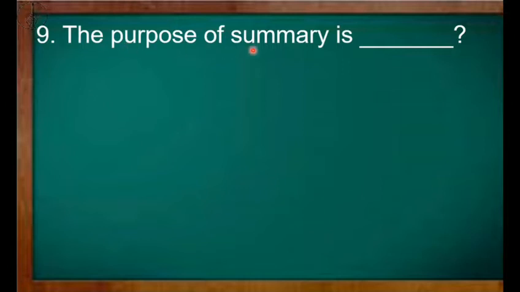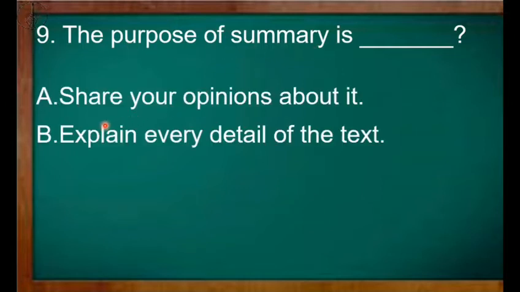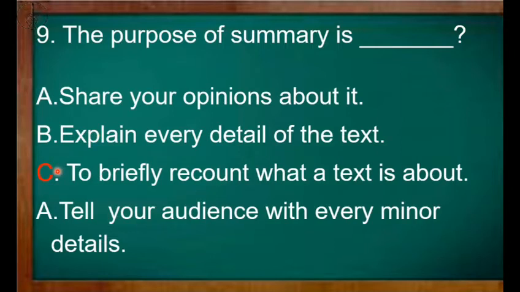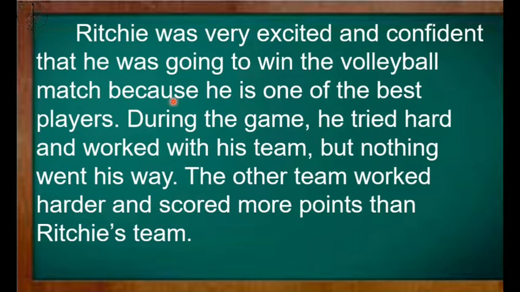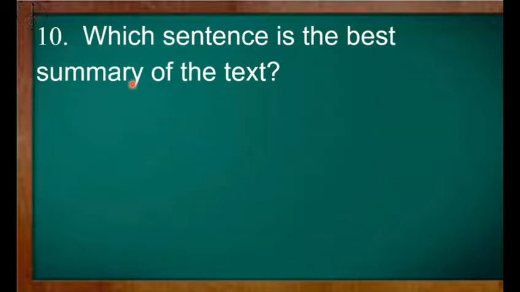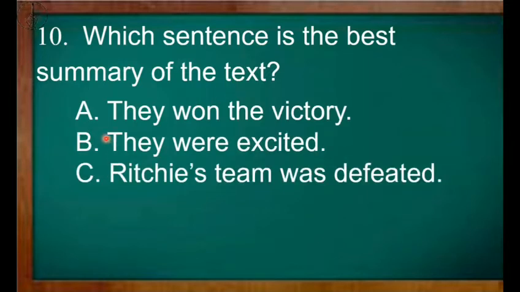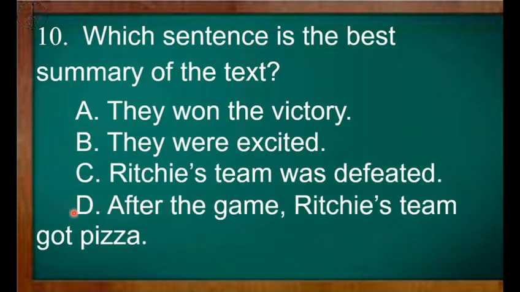The purpose of summary is... the correct answer, letter C, to briefly recount what a text is about. Number 10. Okay, read this item in your module and then answer the following question. Which sentence is the best summary of the text? Option A, option B, option C, option D. The correct answer is option C.